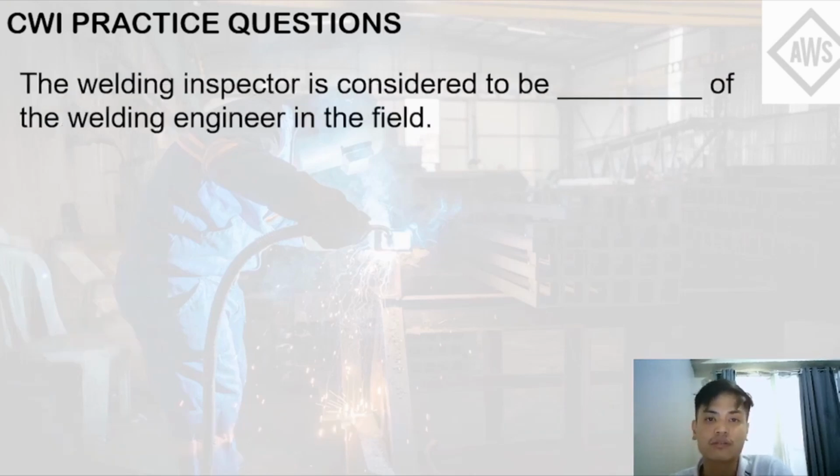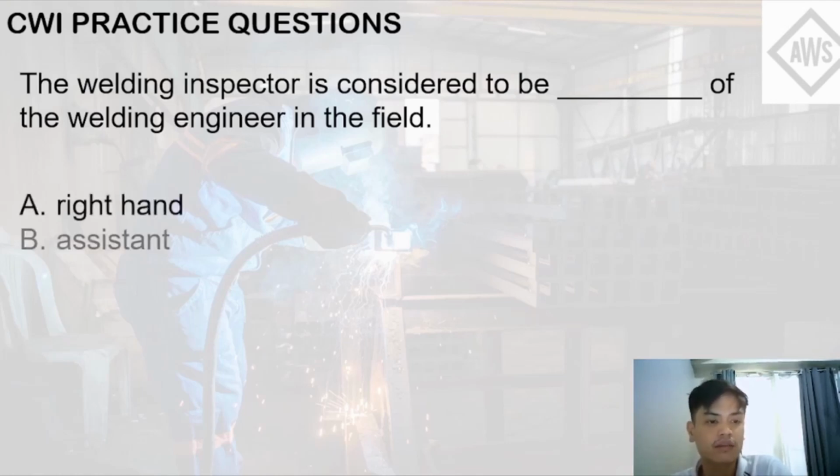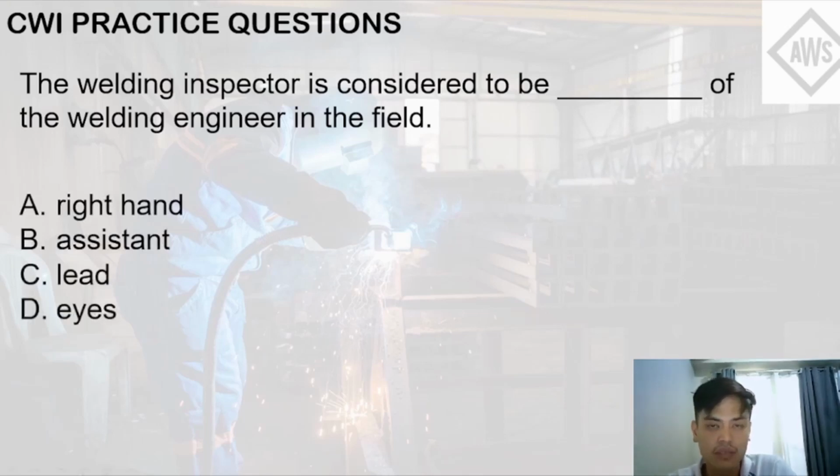Okay, so last question for the day. The welding inspector is considered to be blank of the welding engineer in the field. Letter A, right hand, B, assistant, C, lead, D, eyes. This is about how you can inspect the quality of the weld.